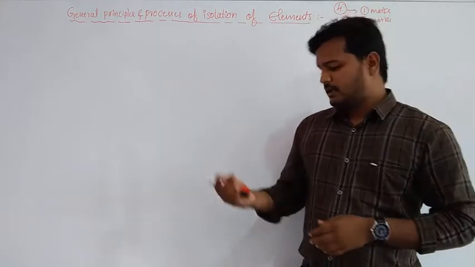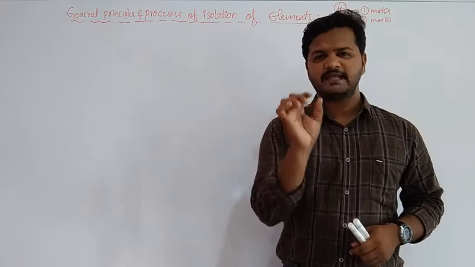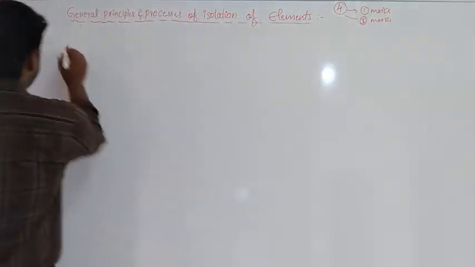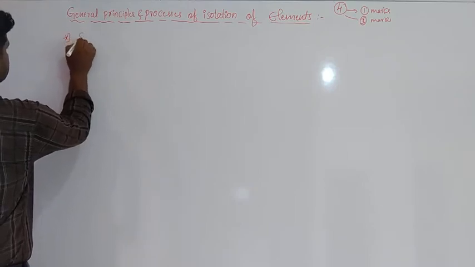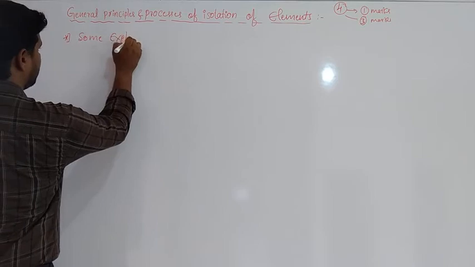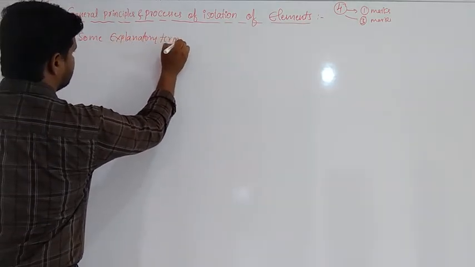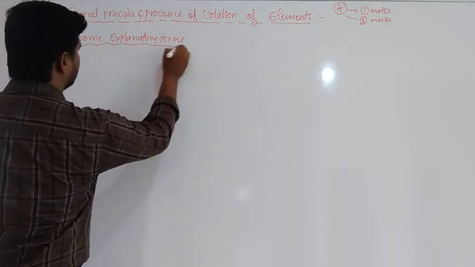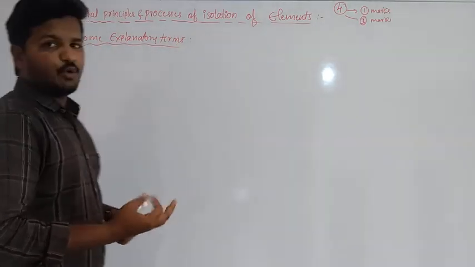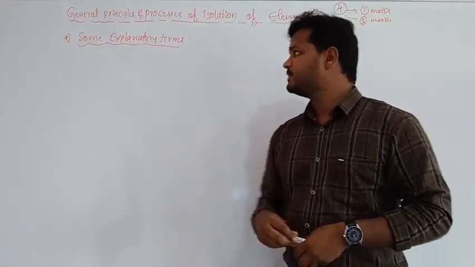So we have to discuss some explanatory terms in metallurgy, that is minerals, ores, slag and flux.